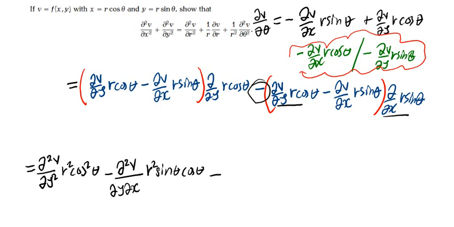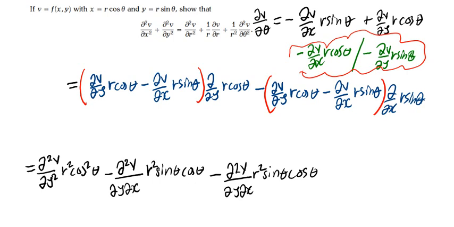Then this is going to be minus, because when I multiply this one by this one is positive, but by that negative there, it's going to be negative. That's going to be second partial of v, also a mixed partial of y, partial of x. That's going to be r squared sine theta cos theta. Then you multiply this one by this one, it's going to be negative, but when multiplied by this negative outside, it's going to be positive.